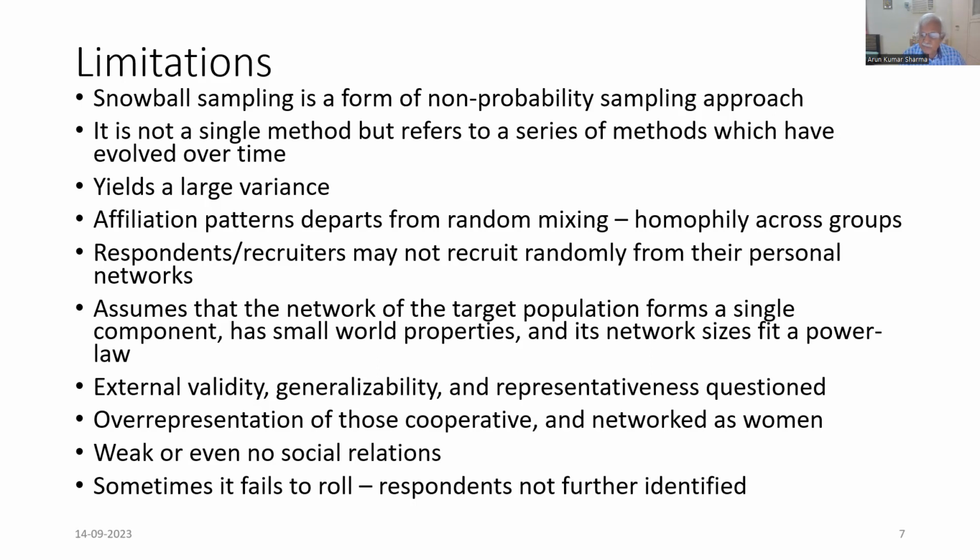In some researches, it's found that women are more cooperative and women are more networked with other women of similar types. So your sample may have overrepresentation of women. You must ensure that there is no overrepresentation of women or men, and your sample represents all types of people.